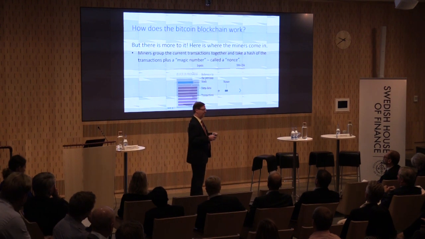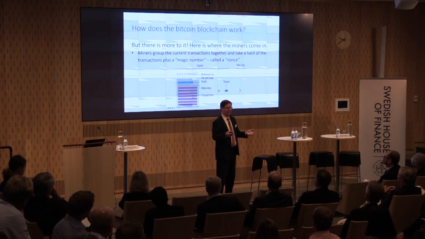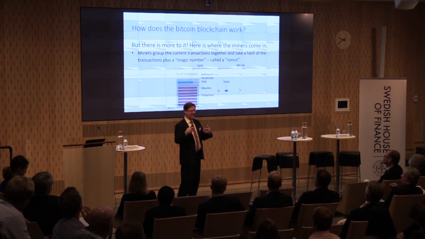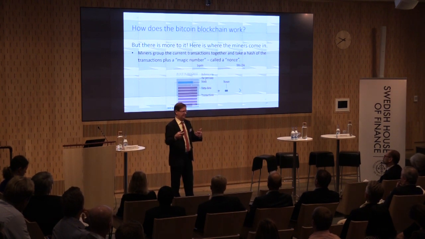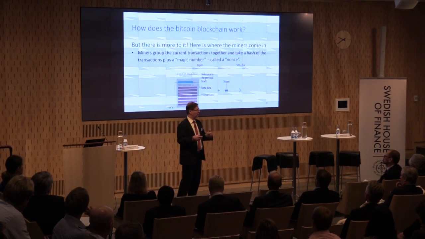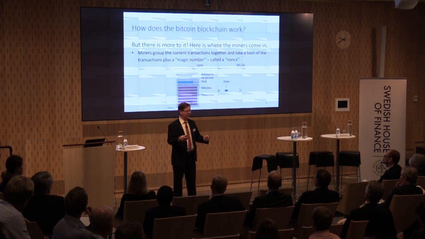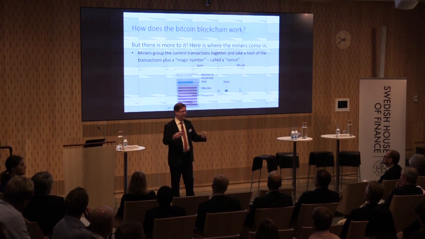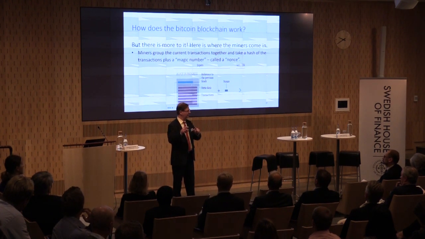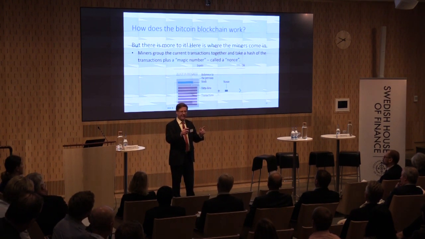What people called miners will do is take the transactions and add a random number called a nonce, and then do the hash. And what they're going to try to get is a special hash with a lot of leading zeros. I showed you one with that 4250 that led to 4 leading zeros.